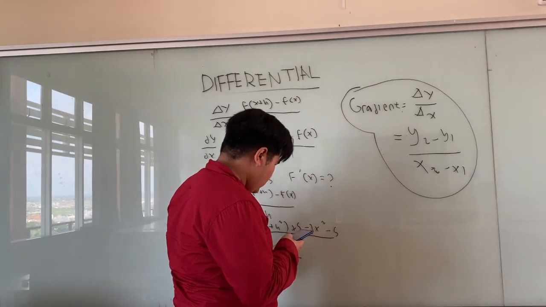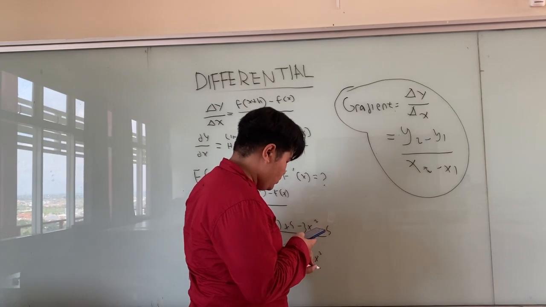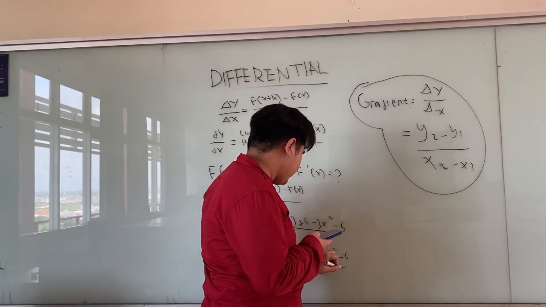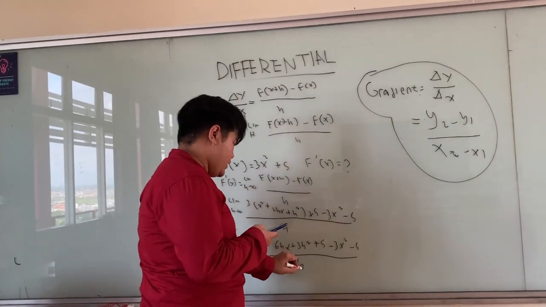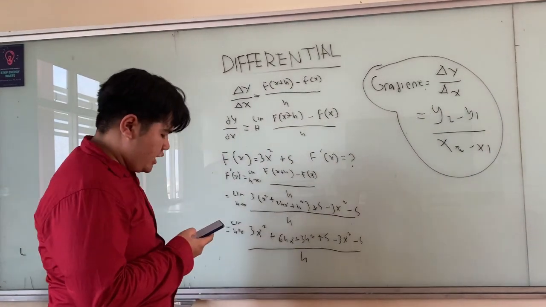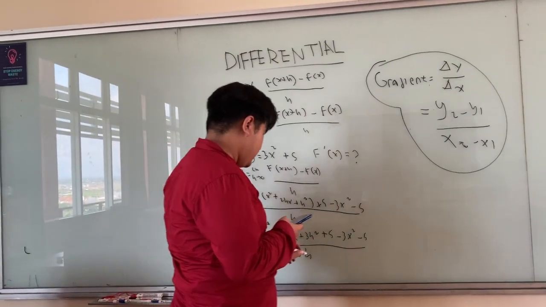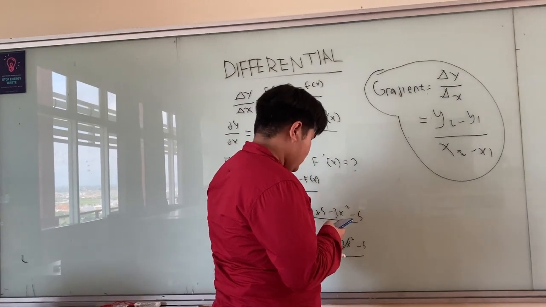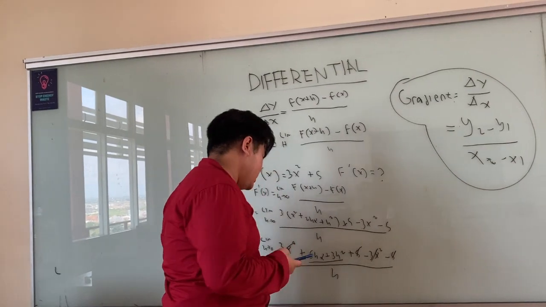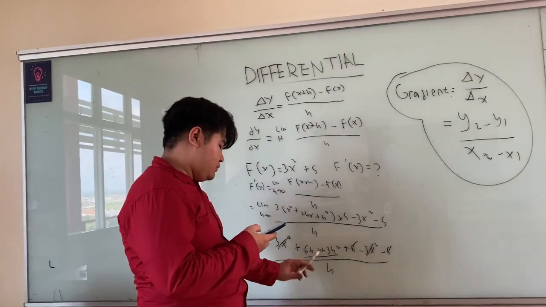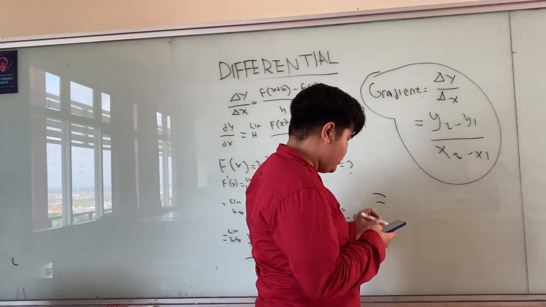Power 2 plus 5 minus 3x power 2 minus 5 per h, and then from here we can eliminate 5, eliminate 3x power 2 and eliminate 5, and then we are left with 6hx plus 3h power 2.